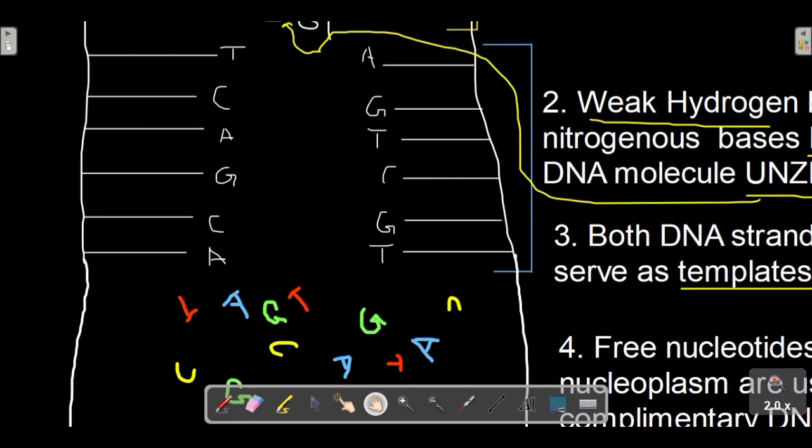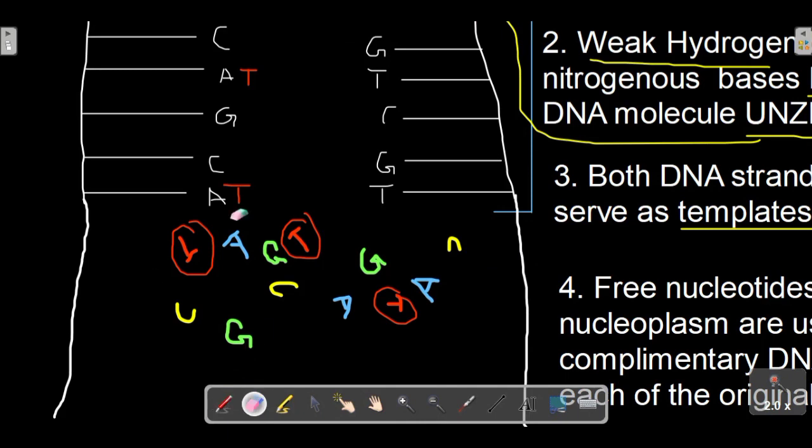So you would have, for example, the thymine. How many thymines do we have? 1, 2, and 3. We have 3 thymines there. So thymine, of course, will always attach to that adenine, this adenine, and that adenine. So we have used up our thymines.